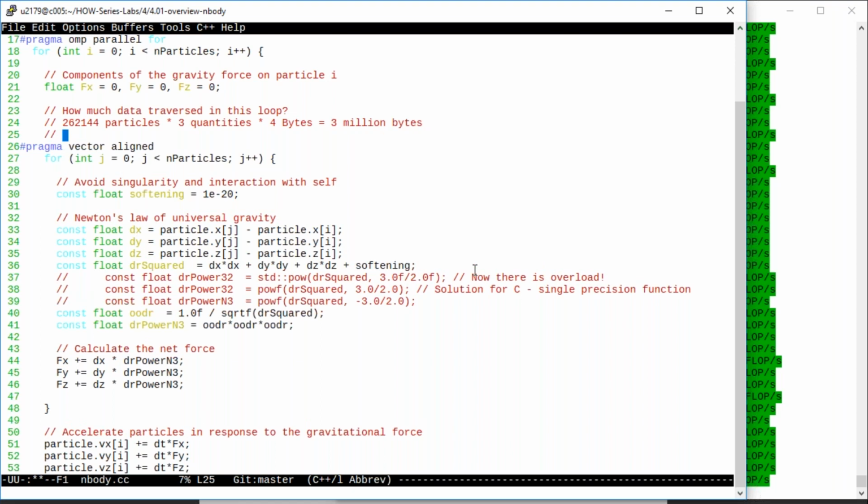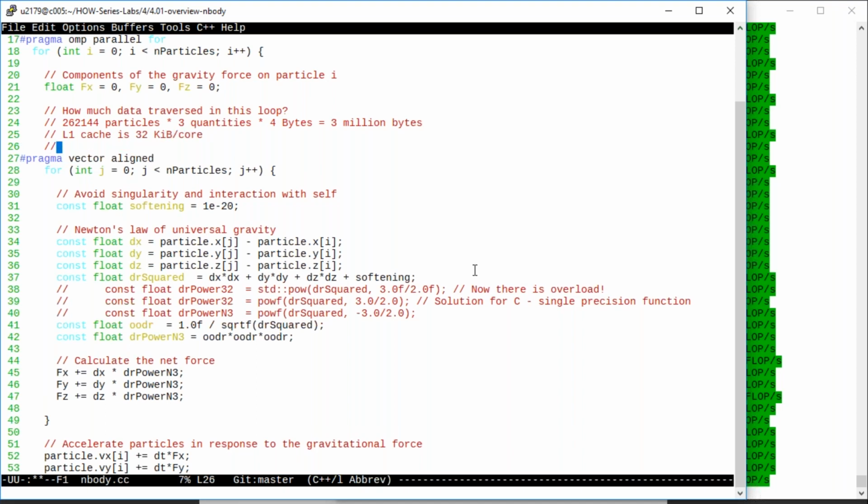Because this is data, it makes sense to compare it to the cache sizes. And the level 1 cache is 32 kilobytes per core. The level 2 cache is, well, depending on the architecture, but a good enough approximation is half a megabyte per core.